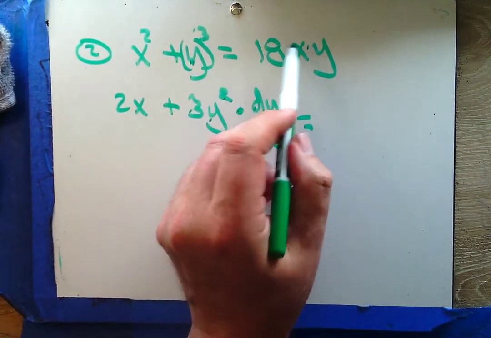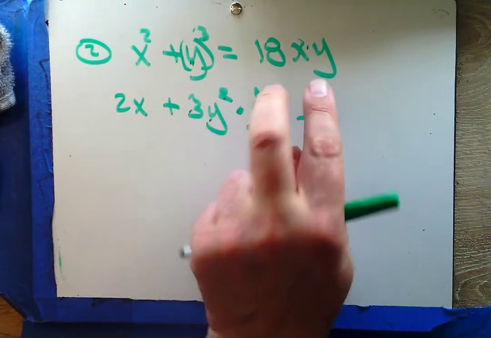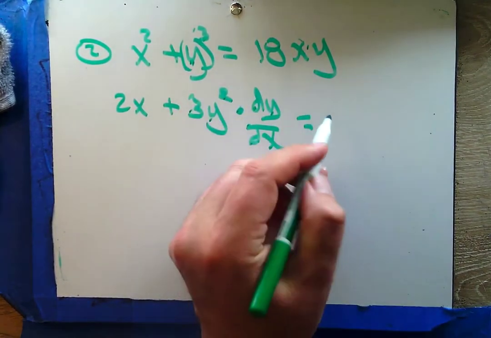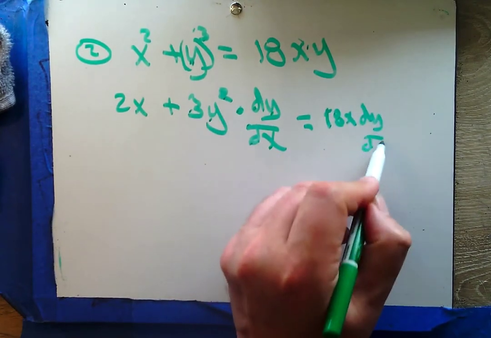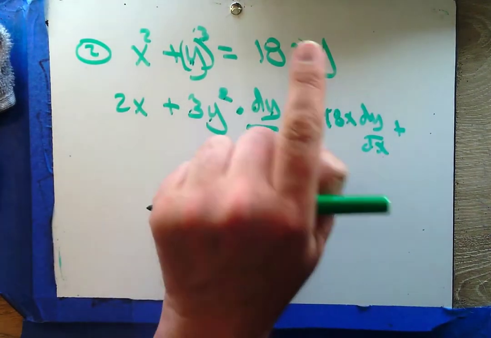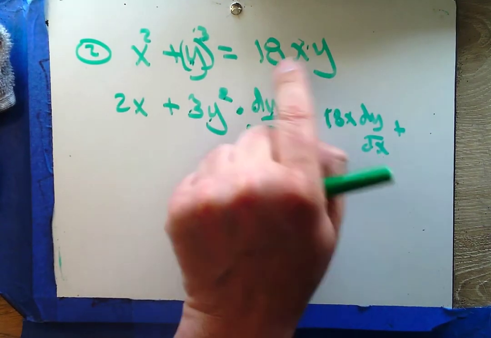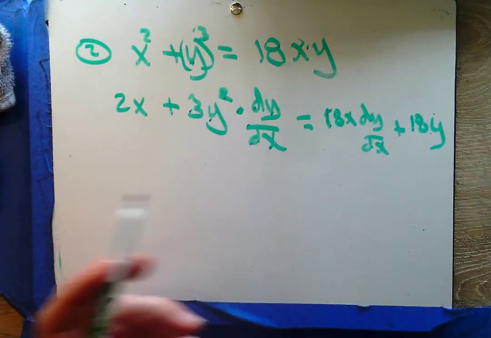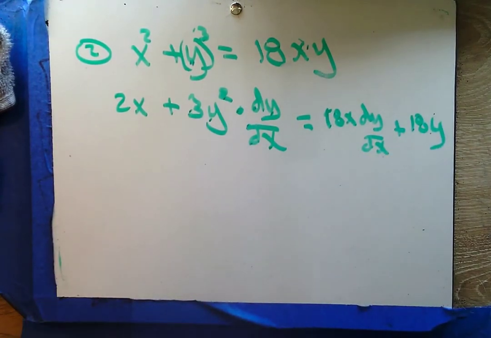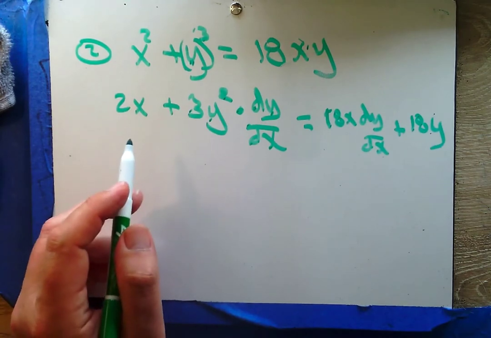Last time I pulled out the 18, let's make this go together. So 18x times the derivative of that, 18x dy dx plus the derivative of 18x is 18 times y. And then we want to get all the dy dx stuff on one side and the not dy dx stuff on the other.